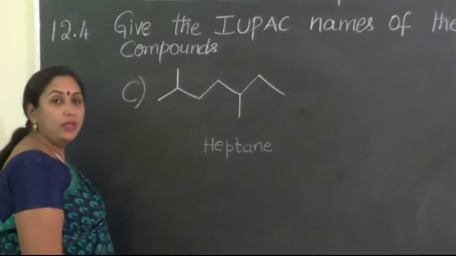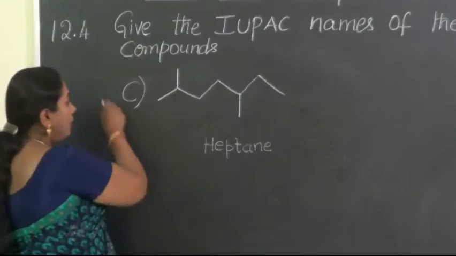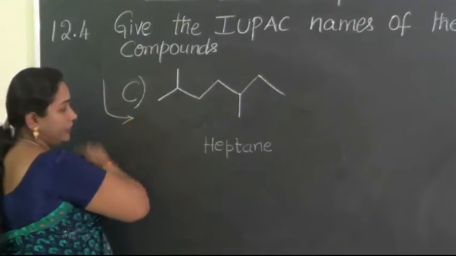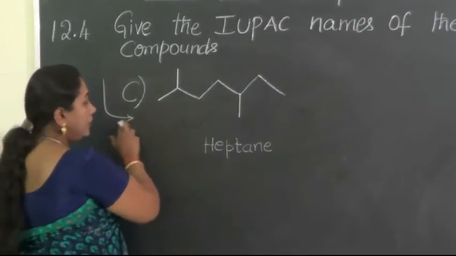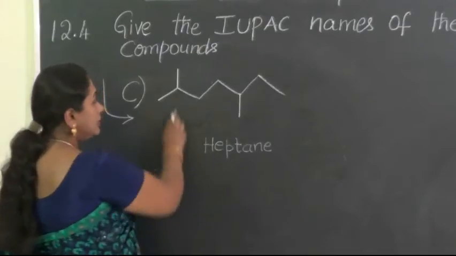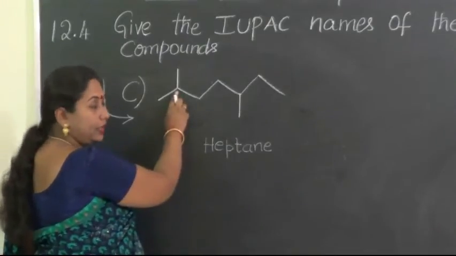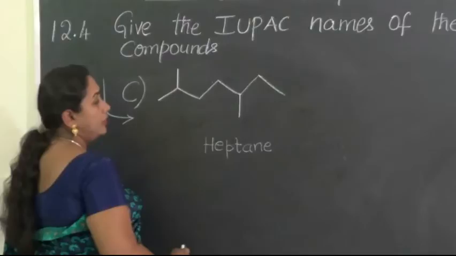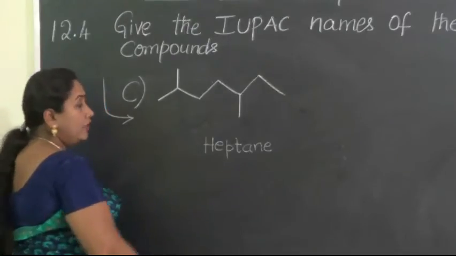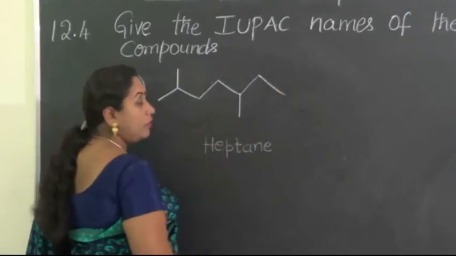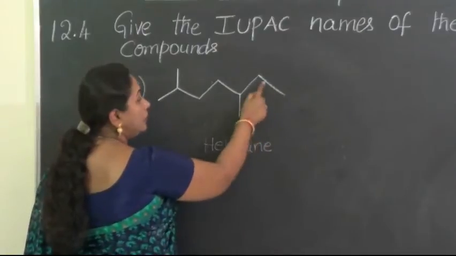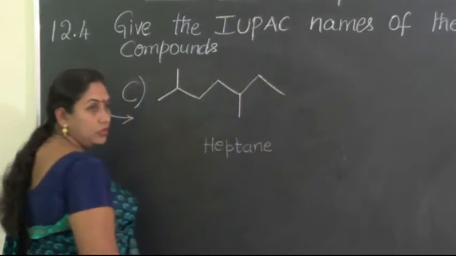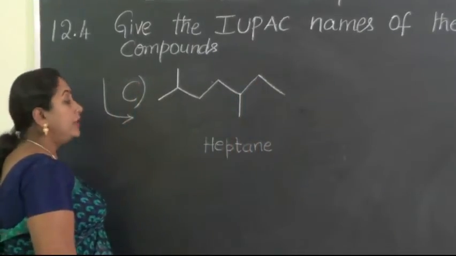Then how to give the locants? Obviously from our left, because if we give from our left, this carbon atom would be taking the number as 2. In case if we give it from our right, what might happen? 1, 2, 3. So the first locant would be 3.